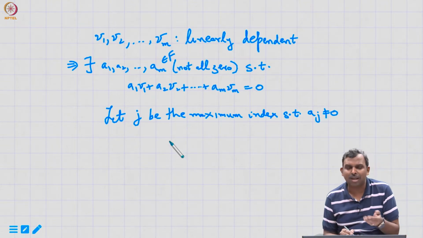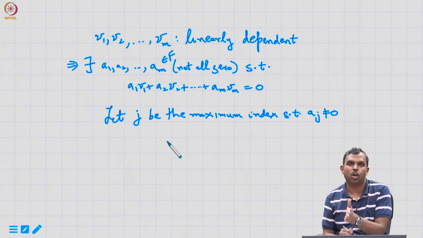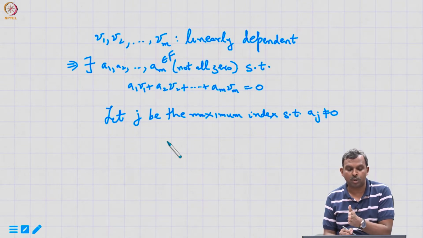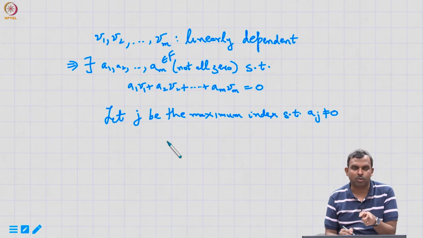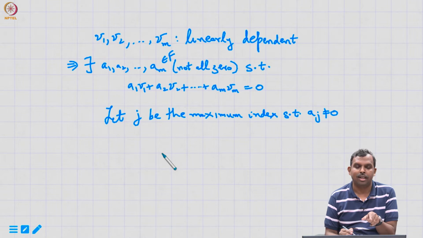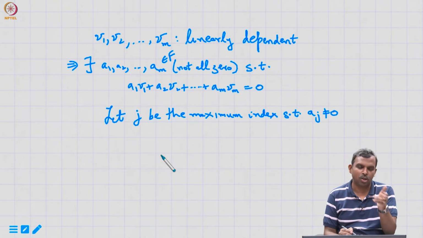There has to be a number like that. After all, there are only a1 to am. Maybe am is non-zero. If am is non-zero, j will be equal to m. Now, if am is 0, you go to the one before it, am minus 1, and see if it is non-zero. If it is not 0, then j will become m minus 1. If that is also 0, you go to m minus 2, like that.